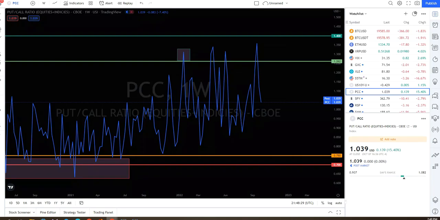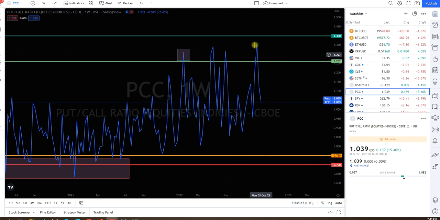And the last one I want to talk about in the sentiment here is PCC, which is the put call ratio. If you remember, last time I covered this in the put call ratio video or sentiment analysis. I told you when we are getting there, it's going to be very bullish for the market. And we were there.